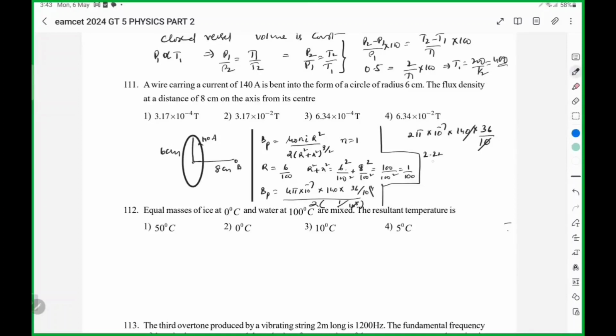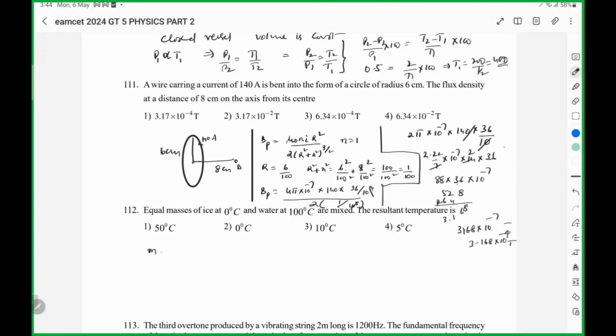So it is 2 into 22 by 7, 14 into 36, 3168 into 10 power, so 3.168 into 10 power minus 4 Tesla.